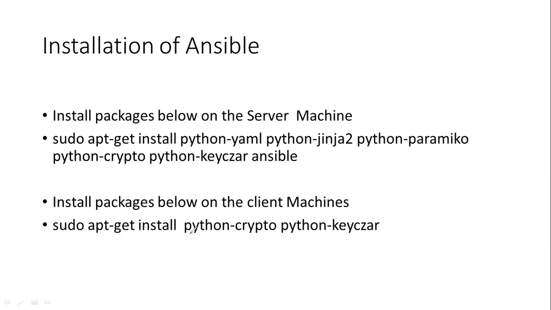If it is an Ubuntu flavor machine, Python crypto and Python keyczar. If they are missing, you just need to install them. Otherwise, it is already bundled with most flavors, so it is not needed, but just for information.